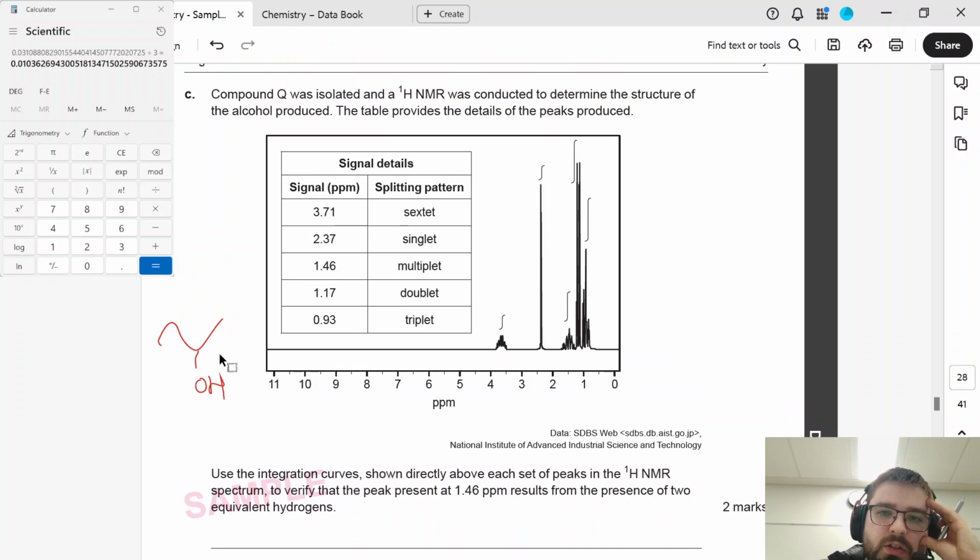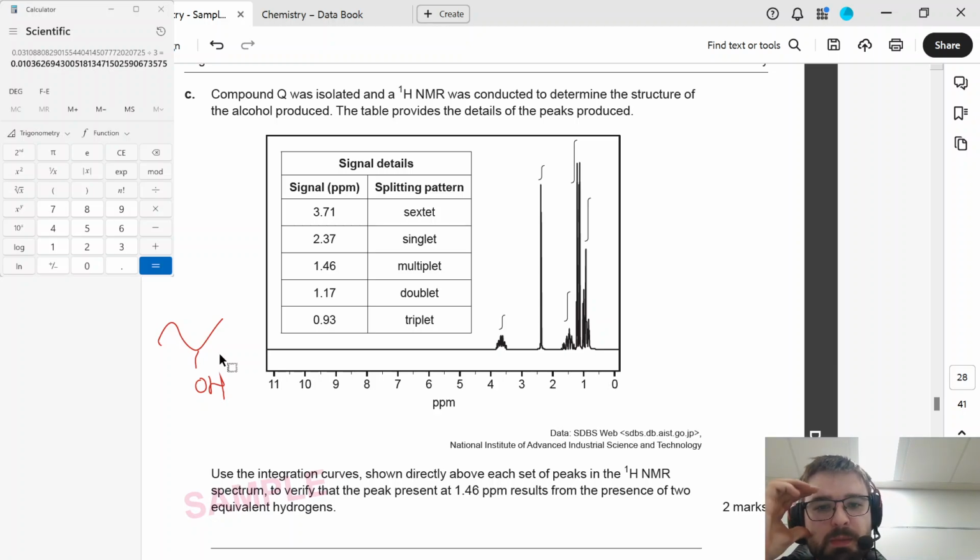Hydrogen NMR was conducted to determine the structure of the alcohol produced. The table below provides the details of the peaks produced. Use the integration curves, shown directly above each set of peaks in the hydrogen NMR spectrum, to verify that the peak present at 1.46 ppm results from the presence of two equivalent hydrogens.